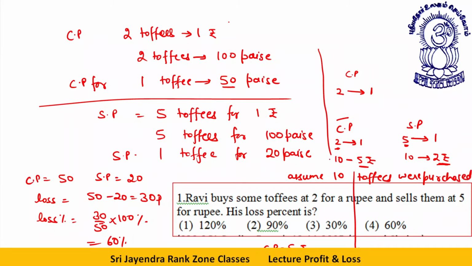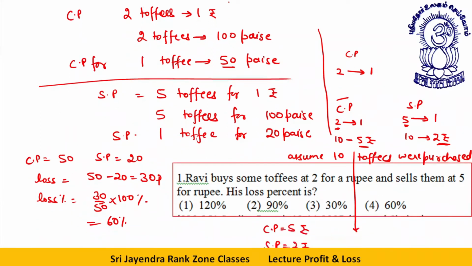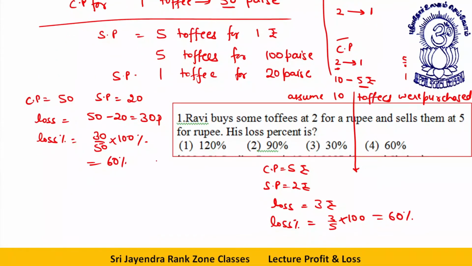Two toffees for 1 rupee, 10 toffees for 5 rupees. While selling 5 toffees for 1 rupee, 10 toffees were sold for 2 rupees. So 10 toffees cost me 5 rupees, but I sold them for 2 rupees only. I incurred a loss of 3 rupees, or I can say the loss percent is 60%.